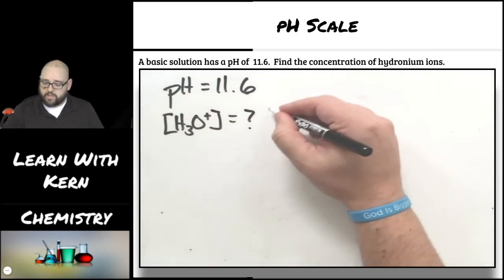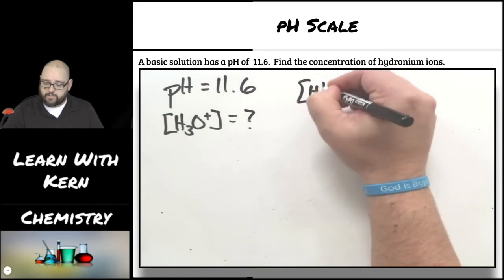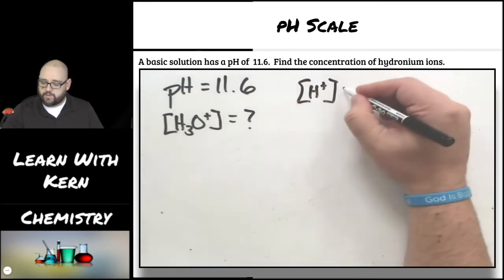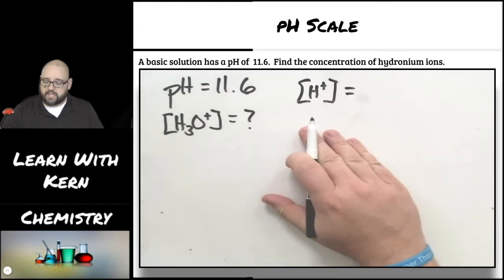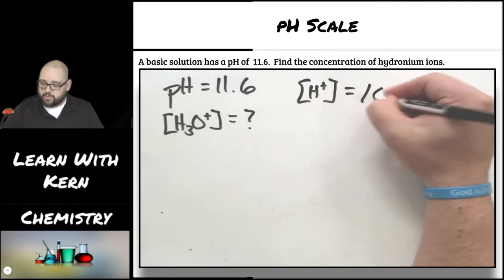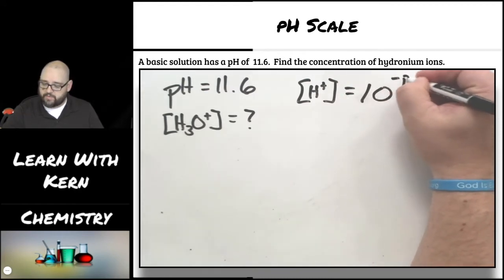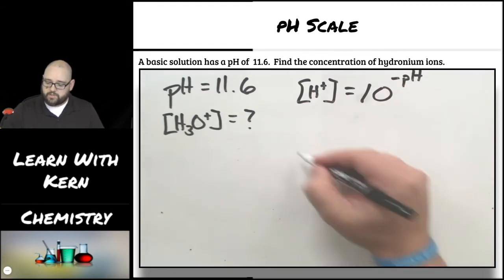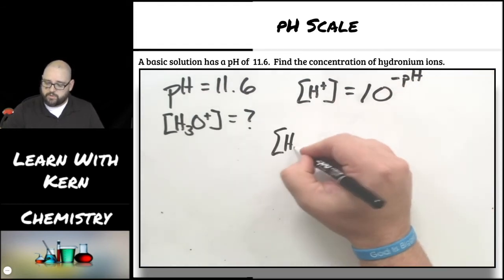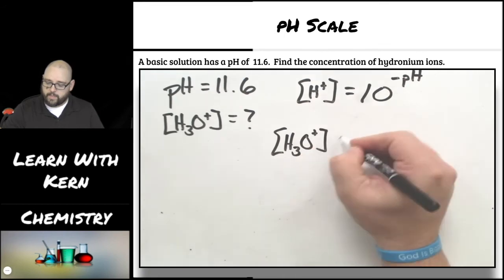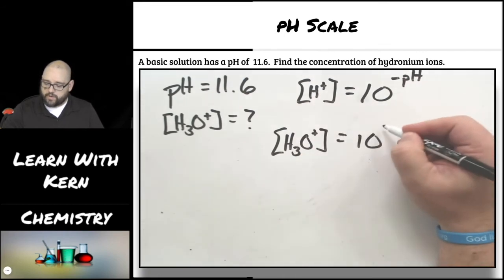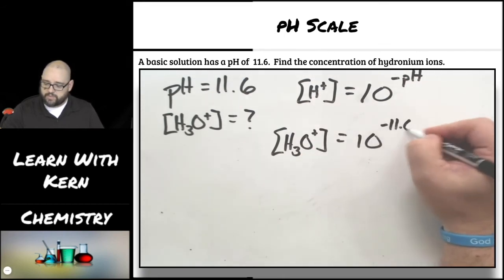Well, H3O plus is the same as H plus, and so we know that the hydrogen ion concentration is equal to 10 raised to the negative pH. So that means my hydronium concentration is equal to 10 raised to the negative 11.6.